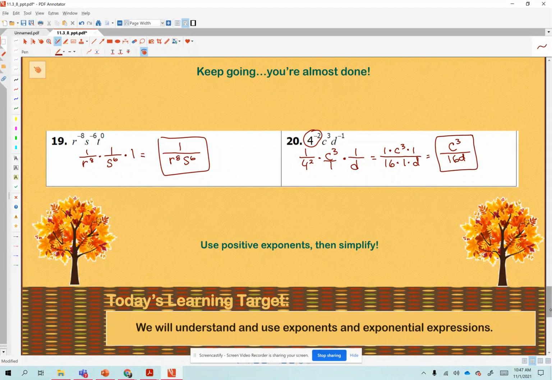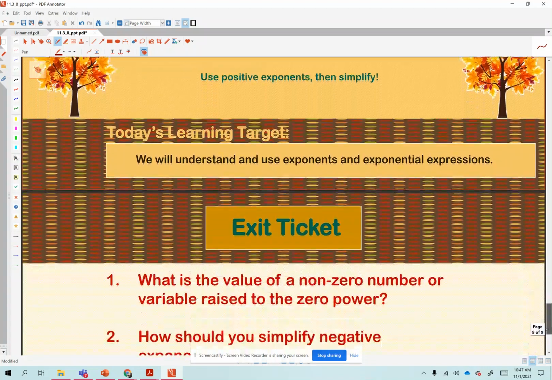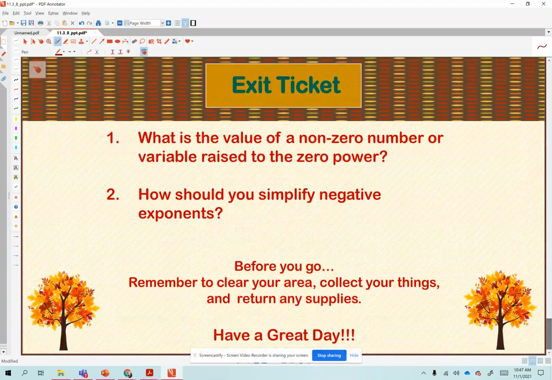So good job today. I want you to think about this final question. What is the value of a non-zero number or variable raised to the 0 power? And that equals 1 every time, unless the number is 0. And how should you simplify negative exponents?